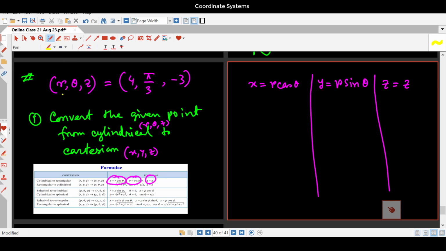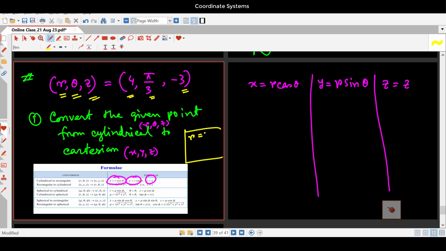So first of all, you have to understand what information we have. We have r equals 4, theta equals pi over 3, z equals minus 3. So the information is already in our hands.